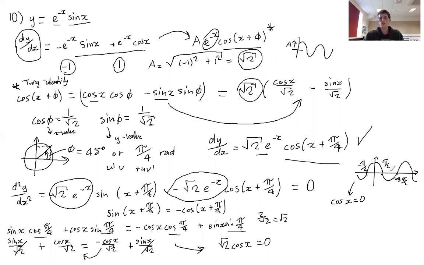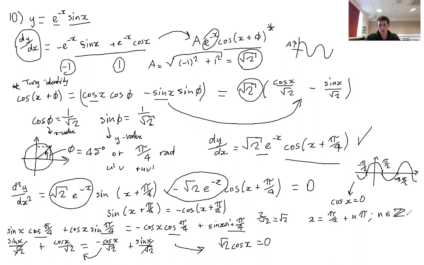So we can write this set of solutions for when it's equal to 0 as x is equal to pi on 2 plus n pi, where n is an integer.